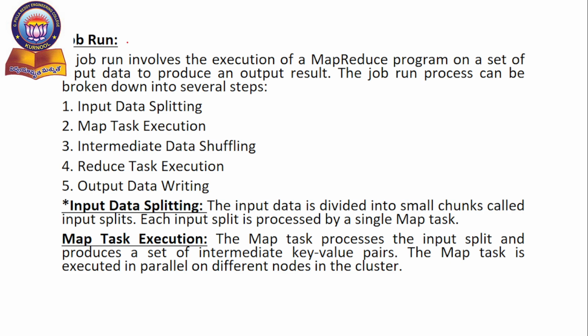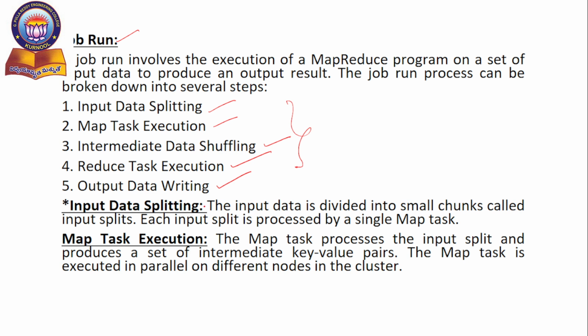So that is, the job run task mainly involves the execution of a MapReduce program based on the input data supplied to the program. We'll see the steps here: input data splitting, map task execution, intermediate data shuffling, reduce task execution, output data writing. So these are already discussed, but we'll see internally what exactly each phase will perform.